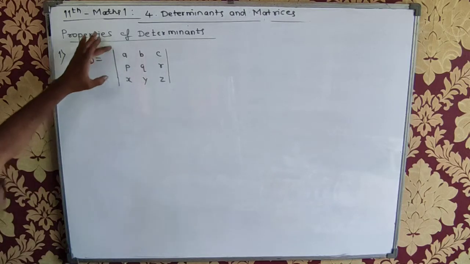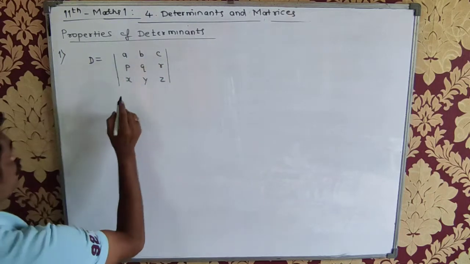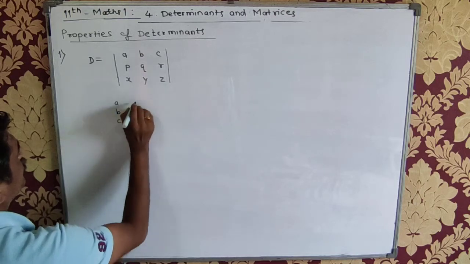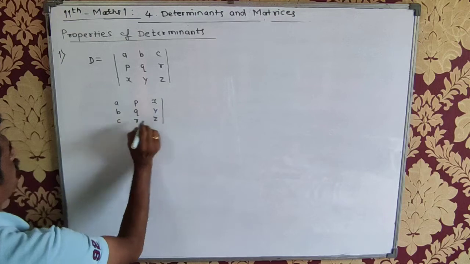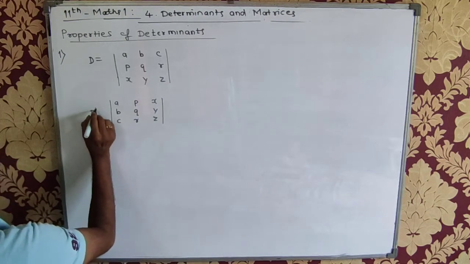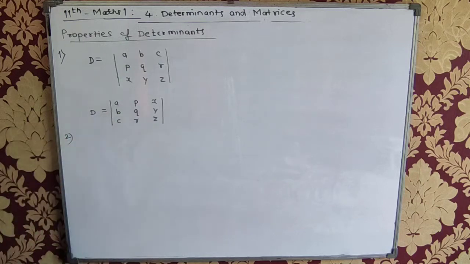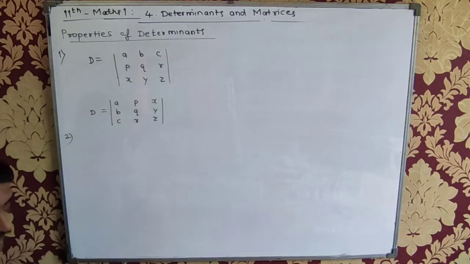Suppose the value of this determinant is D, which is equal to minus 2, whatever it is. If I make the rows into columns, A B C, P Q R and X Y Z, then its value still remains D. Yes, this is the first property.